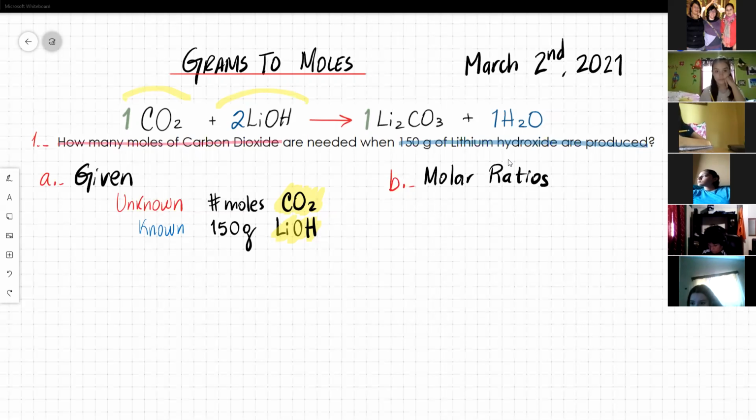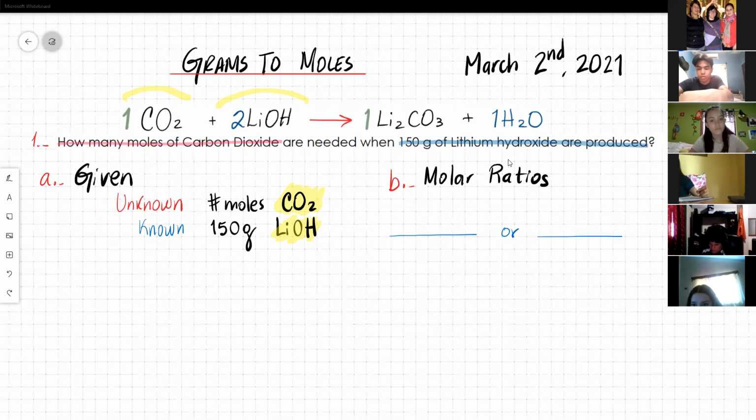Now, what are the possible molar ratios? What are the possible molar ratios? 1 mole CO2 over 150 grams LiOH, or 150 grams LiOH over 1 mole CO2. Exactly.